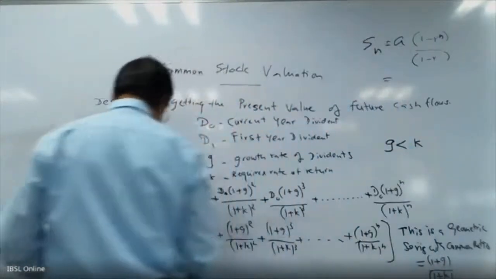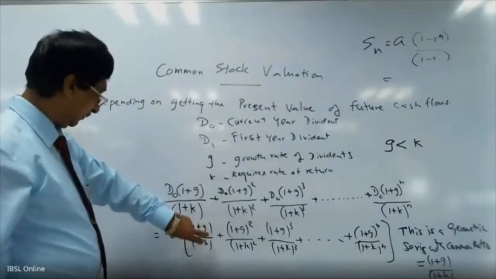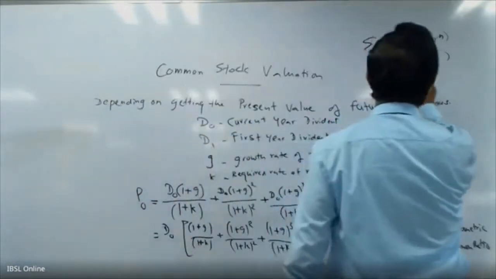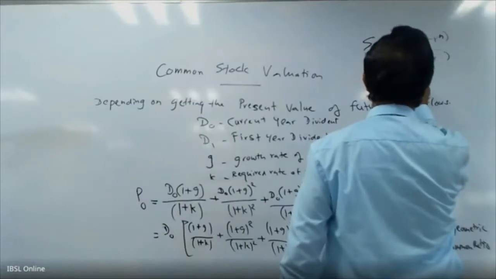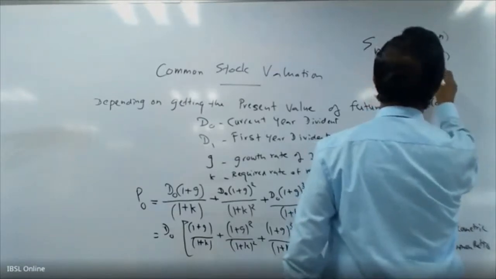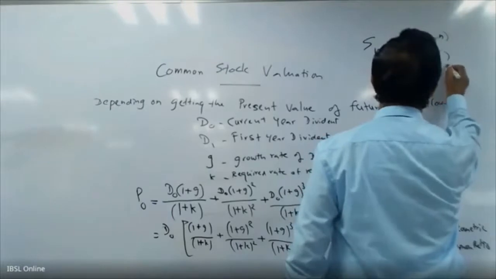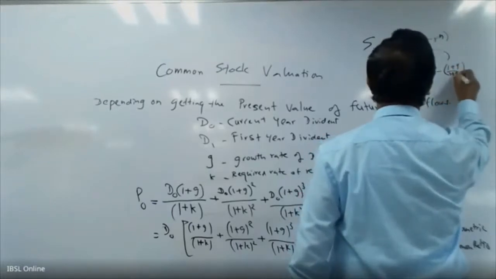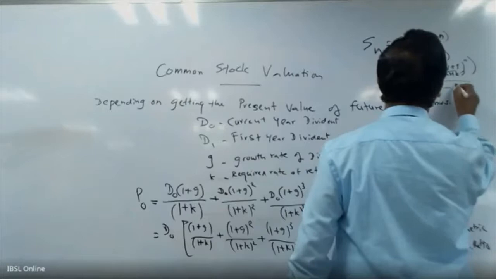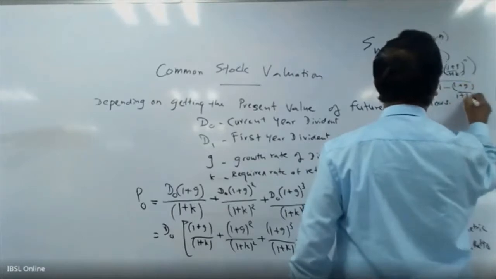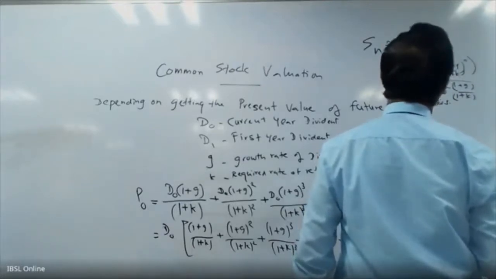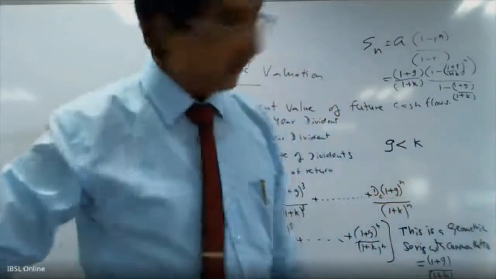What is A here? A is the same: 1 plus G over 1 plus K is A. And 1 minus 1 plus G over 1 plus K to the power n. Now there are two ways of getting it.